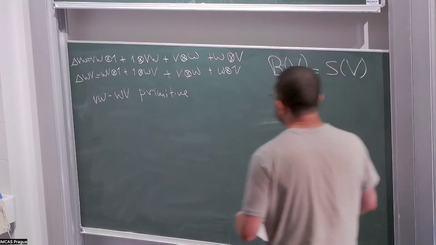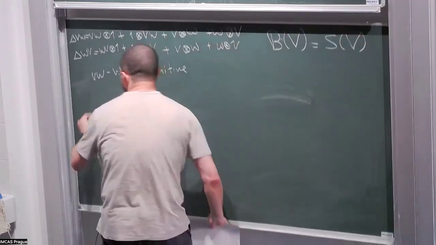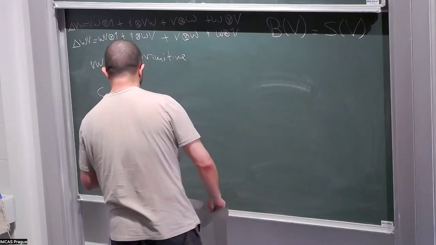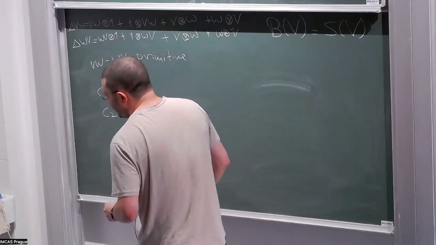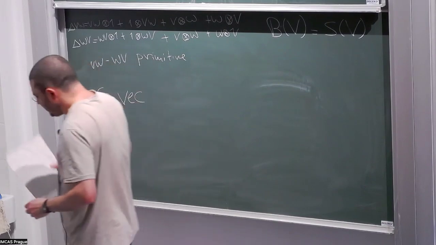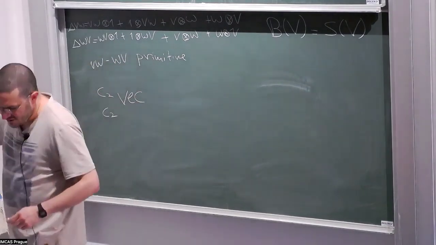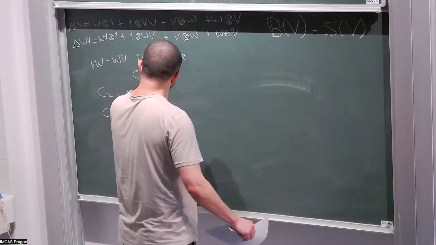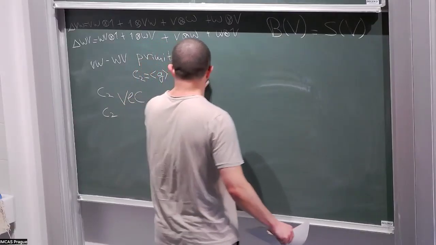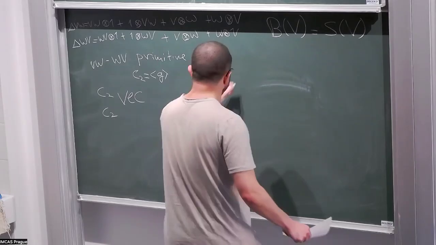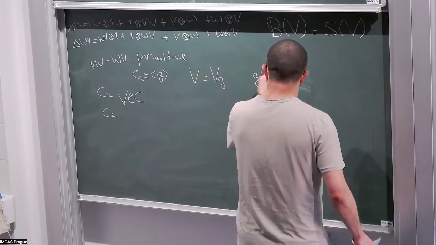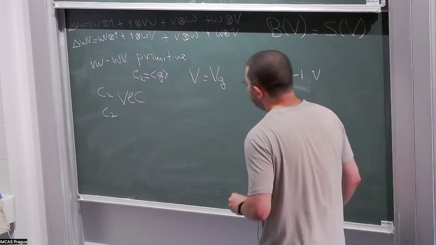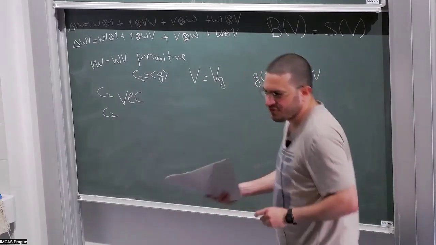Okay, another example is, the example that was mentioned before, if I take C2 vec, I can take a vector space that is concentrated in degree, let's call it G. And I will take V, which is just equal to V sub G, and G of any vector V will just be minus 1 times V, okay, which makes sense because it's a group of order 2.